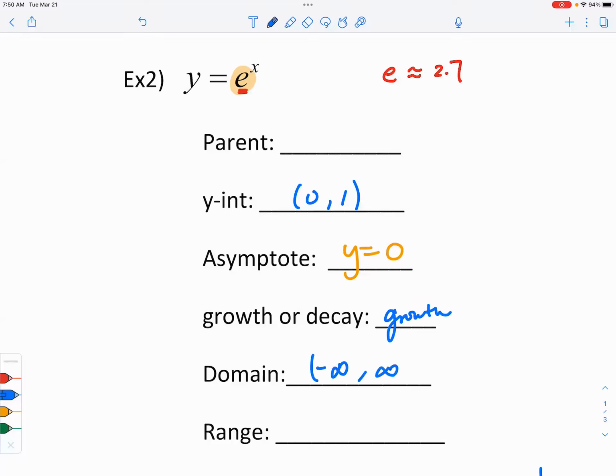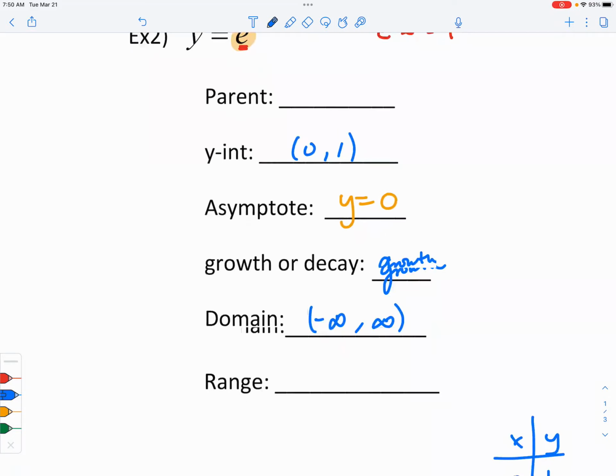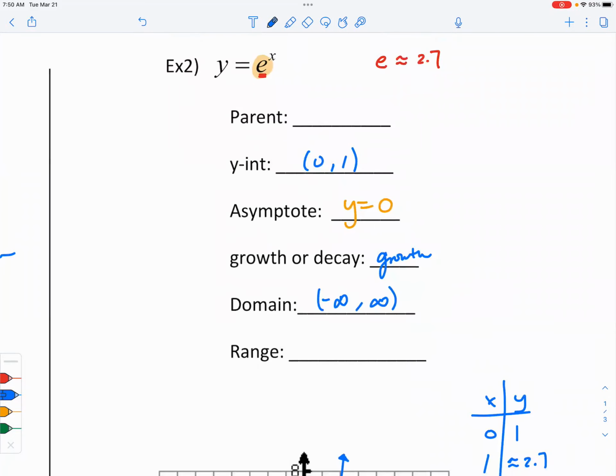Domain, again, the boring question for domain, it's always all real numbers. And the range is going to be from 0 to infinity. The parent function is just the parent function, y equals e to the x. Yes? What does parent function mean? The very original one. Like I would say, what's the parent linear function? Without any kind of transformation, correct?